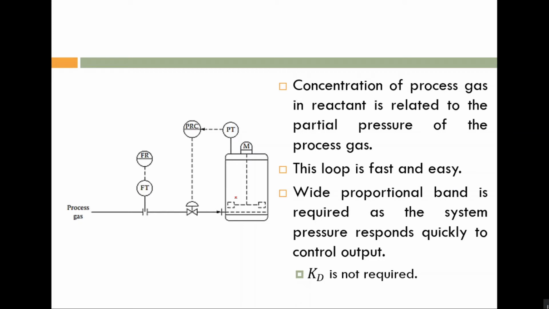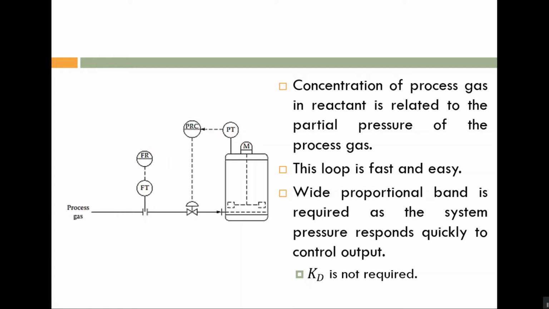So this one is a very simple one, and here you can see a mechanism to record the flow rate of that process feed. It is simply recording for future evaluation purposes, so this one is not important for us. So here, with respect to the pressure inside the reactor, the flow rate of process gas is manipulated. Okay.